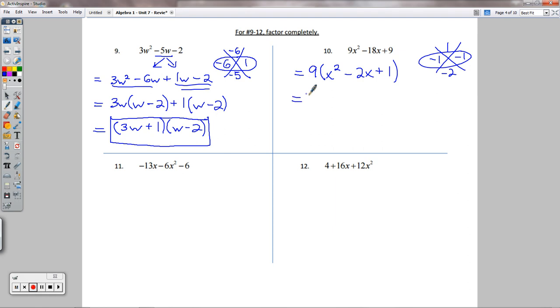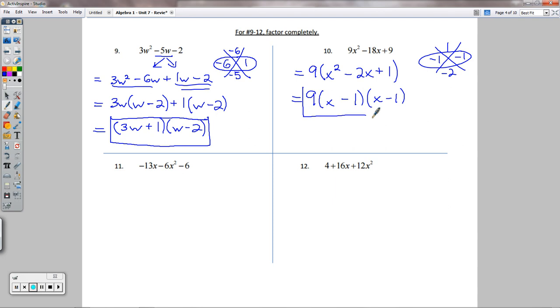So this becomes 9. You don't have to use grouping if a equals 1. You just split it up into those two terms. So x minus 1, and it's x minus 1 after that. Again, these two numbers going right here and right here. If it's just x squared or a variable squared, this is always just going to be the variable and the variable. So that is it.